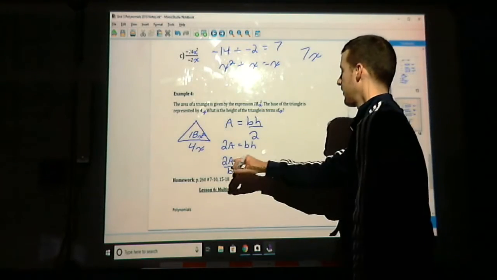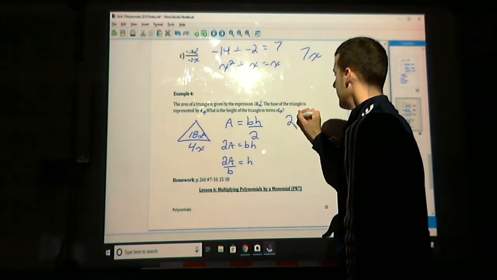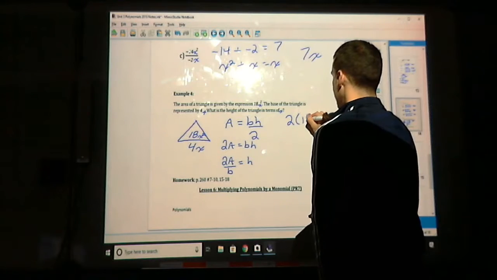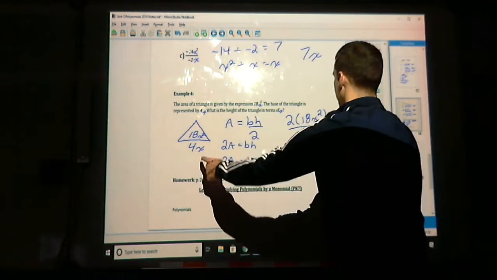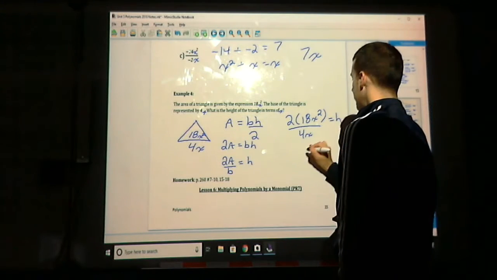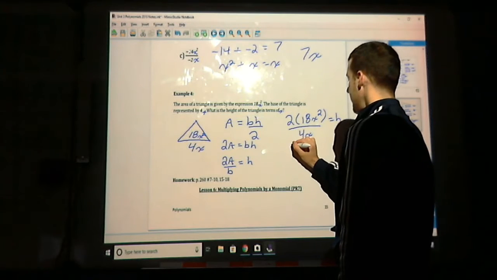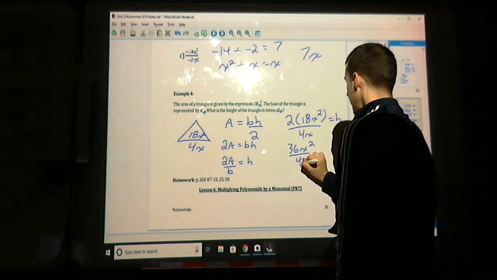So if we replace everything here, we'll be given our height right away. 2 times the area, which we said was 18x squared, divided by our base, which is 4x, we will get our height. So 2 times 18 is 36x squared divided by 4x.